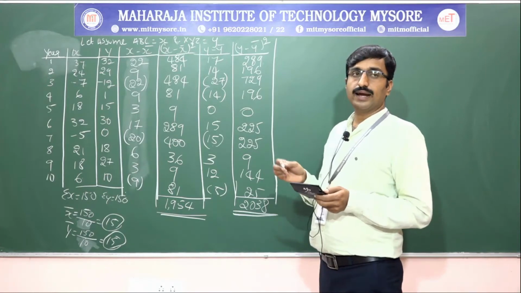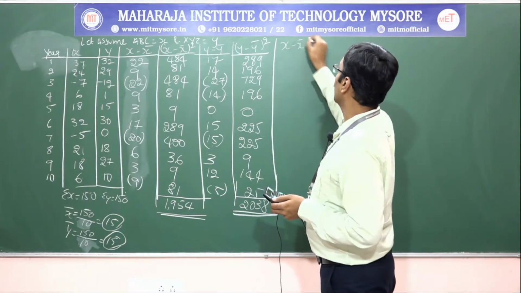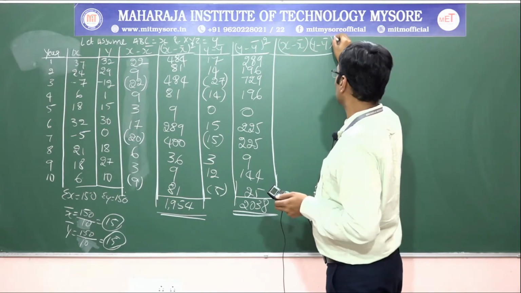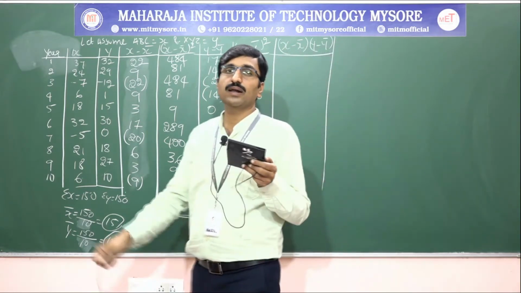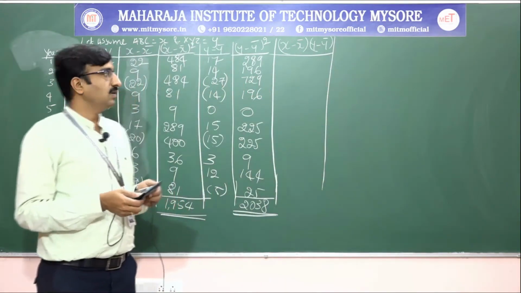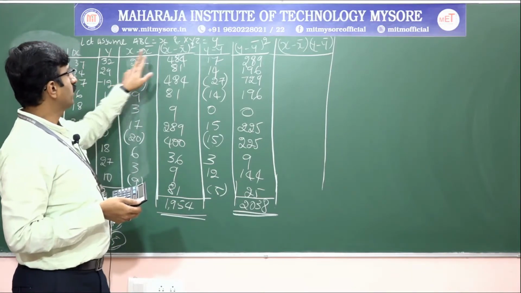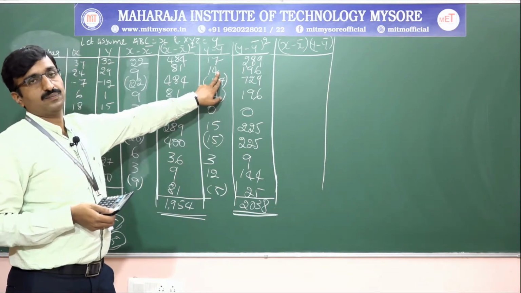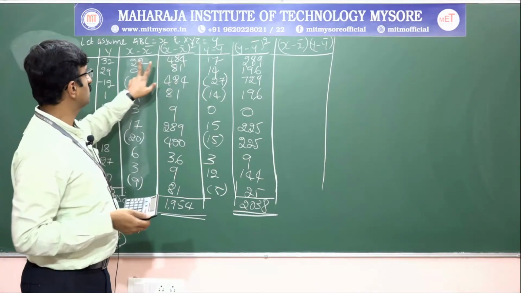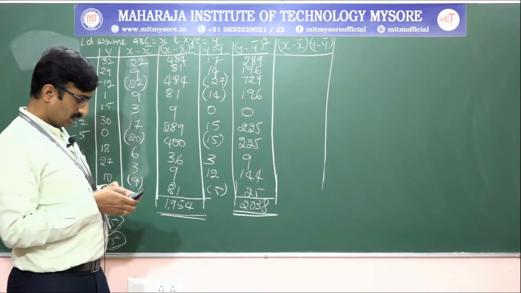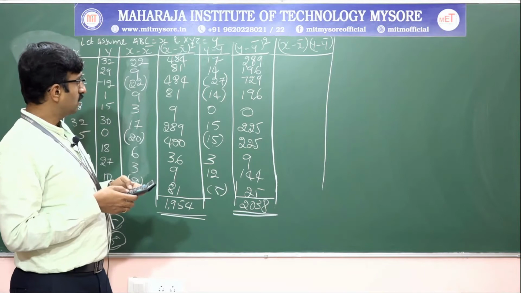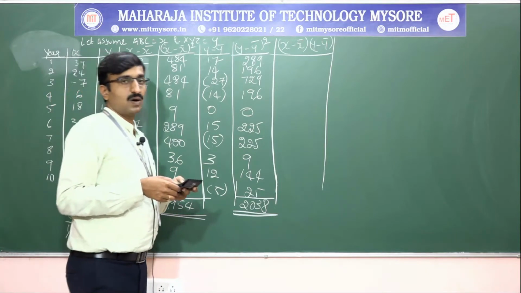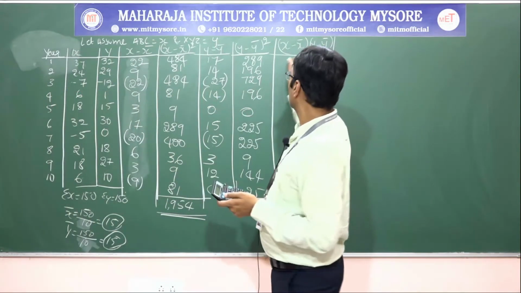Okay, then calculate x minus x bar and y minus y bar. We are having x minus x bar and y minus y bar here. So x minus x bar all into y minus y bar. You do multiplication of this one. 22 into 17, how much is it? 374.